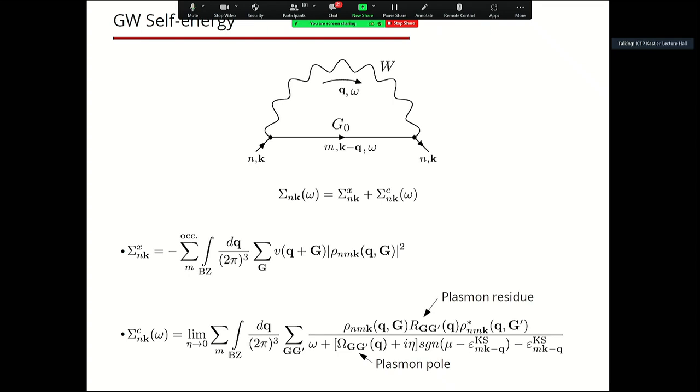Then with G, G prime different from 0, that is the microscopic response, you change the residues, but the non-interacting poles are the same. Then you can say, okay, we can approximate and say there is just one pole also in the other matrix elements of the microscopic response. This is, of course, an approximation, justified by the fact that the higher these G moduli are, the less important is the response of the system.